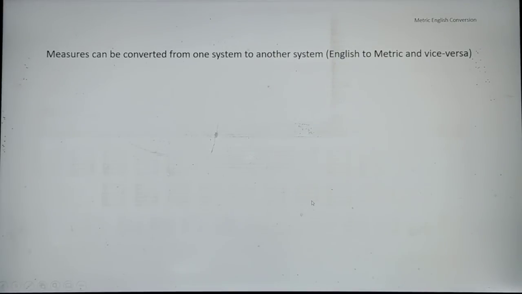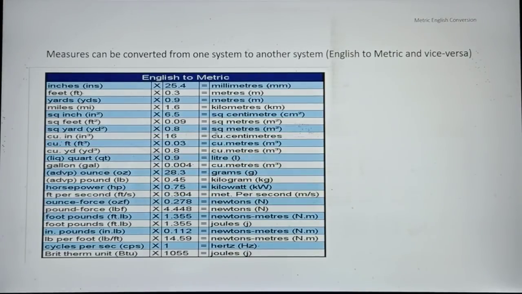Measures can be converted from one system to another, say English to metric or metric to English. The conversion is done using factors between these systems. Example, to express a unit measured in inches into millimeters, multiply the measure in inches by 25.4 millimeters.